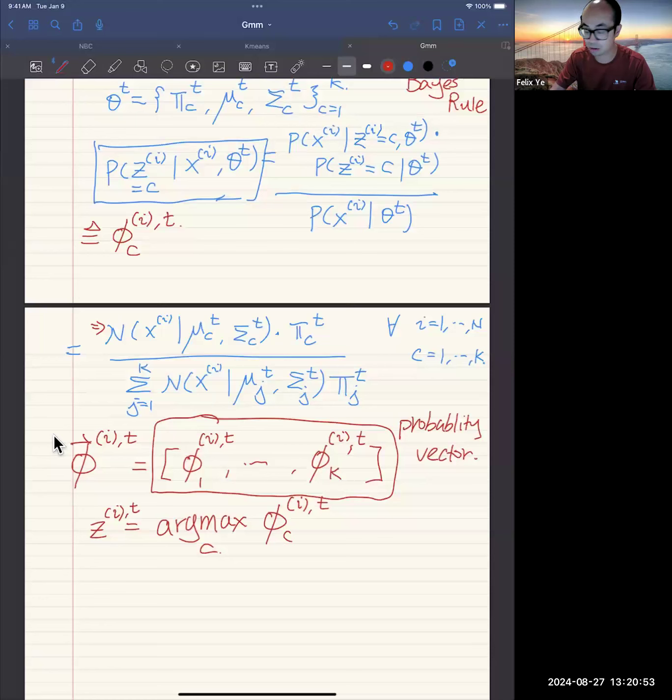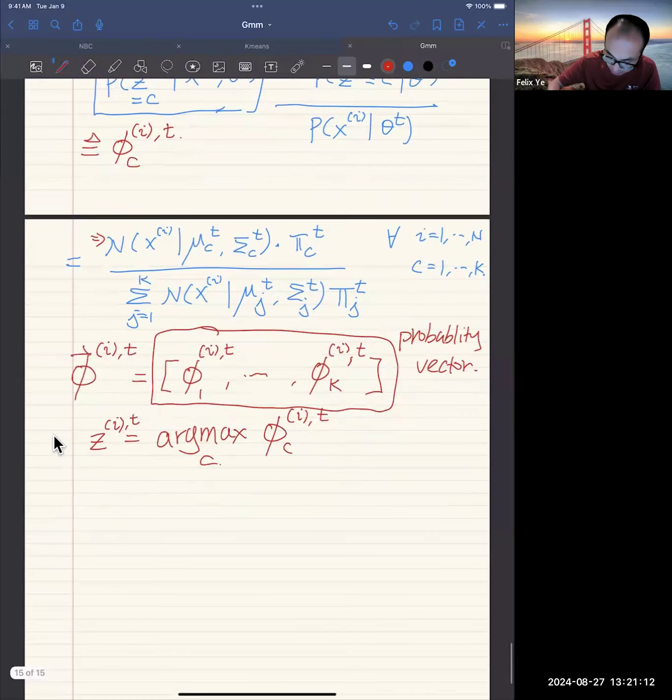So we want to find the component such that the posterior probability is the highest. This is my prediction part.